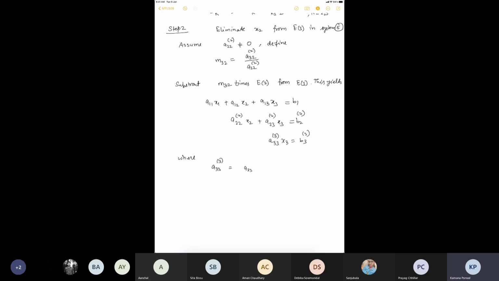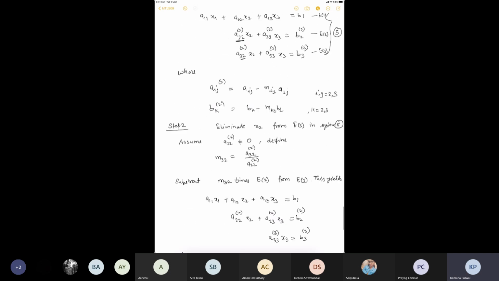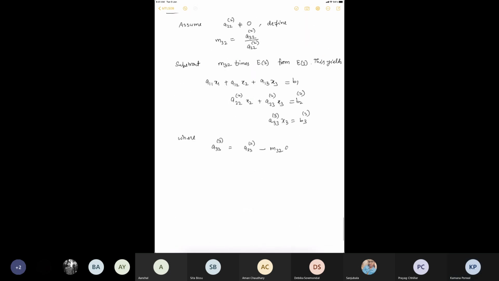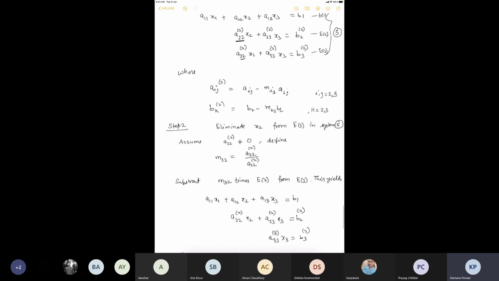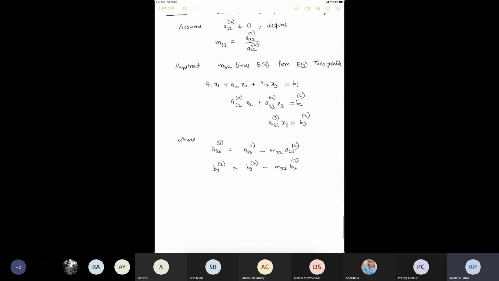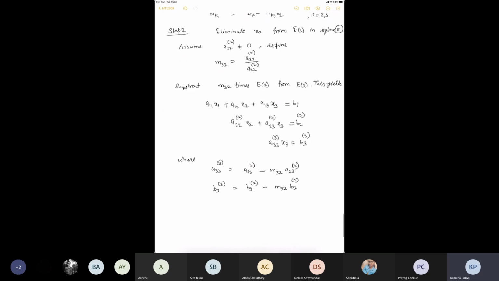This is A33 2 minus M32, and then we are multiplying with the A23. Okay, and B3 3 is B3 2 minus M32 multiplied by B2.